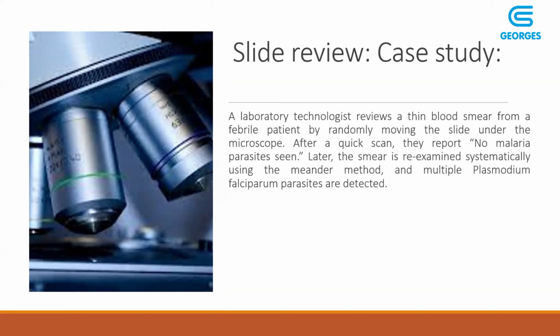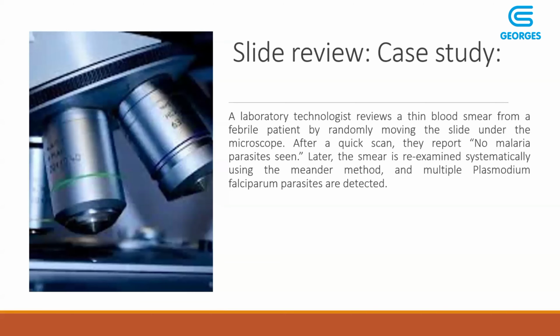But later, the smear was re-examined systematically using one of the methods for smear review called the meander method, and multiple Plasmodium falciparum parasites were detected. So you can see there are contrasting results between the two smear reviews. The first one was random and it was negative.